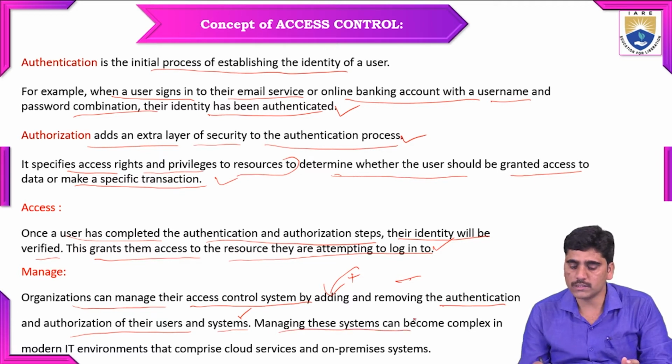Managing these systems can become complex in modern IT environments that comprise cloud services and on-premises systems. Adding roles and removing roles for users is completely managed by this manage component in access control.